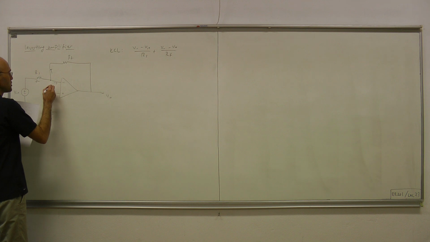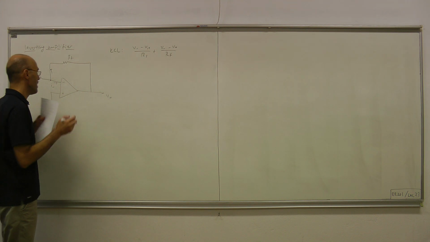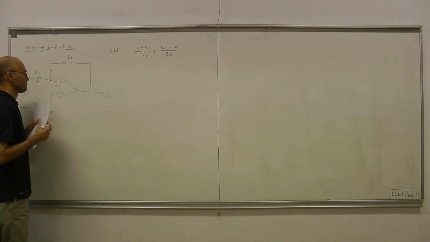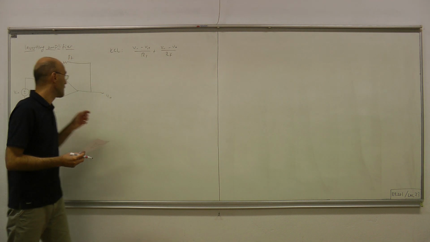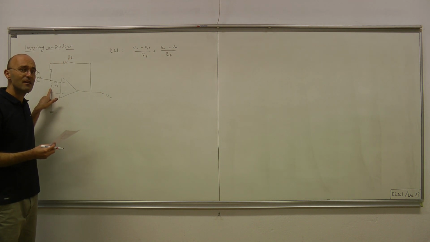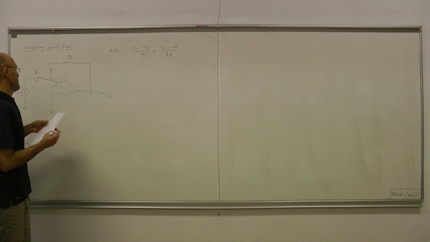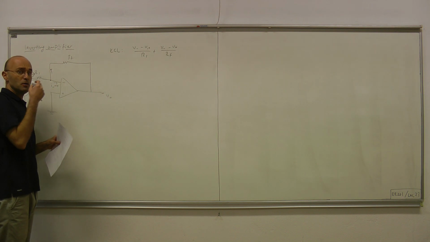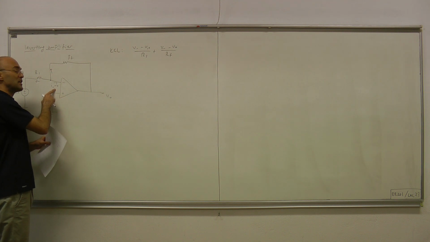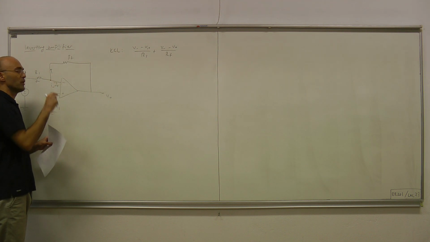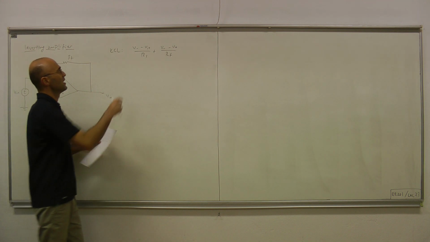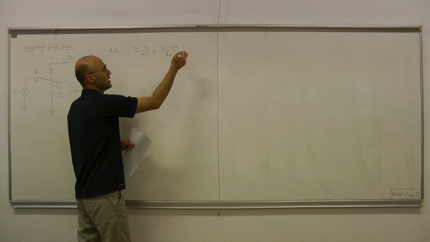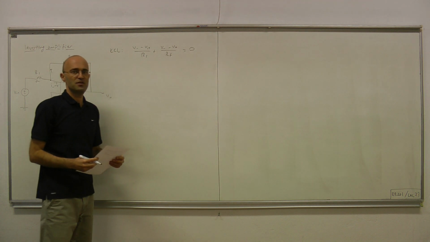But this current, sometimes called I minus, is in practice so tiny that according to our model we take it to equal 0. Therefore there is no current escaping into the op-amp from one of the input terminals. Hence, this plus that plus 0 equals 0.